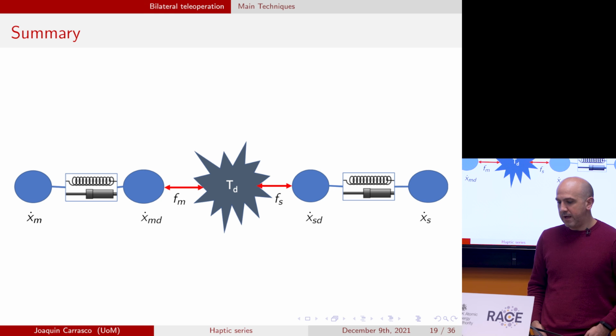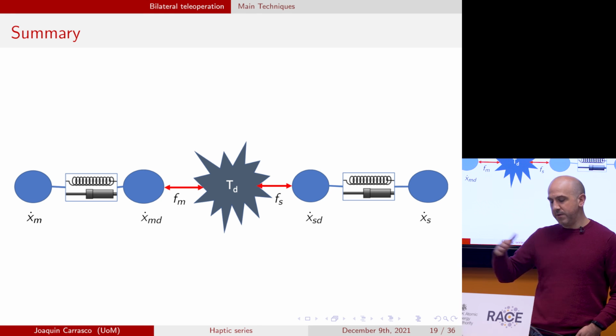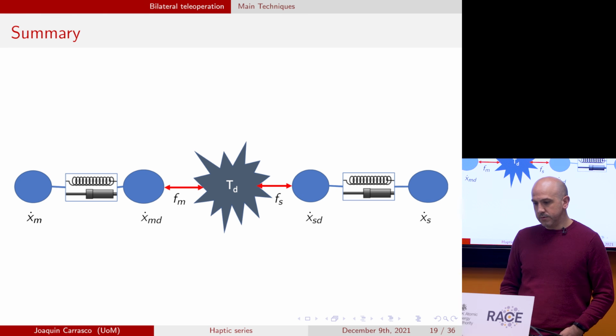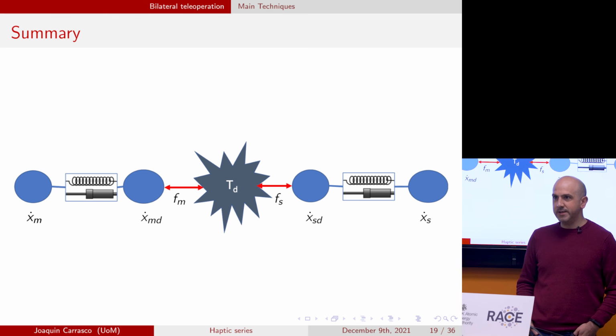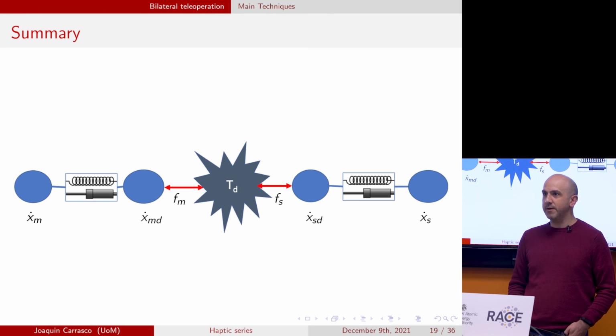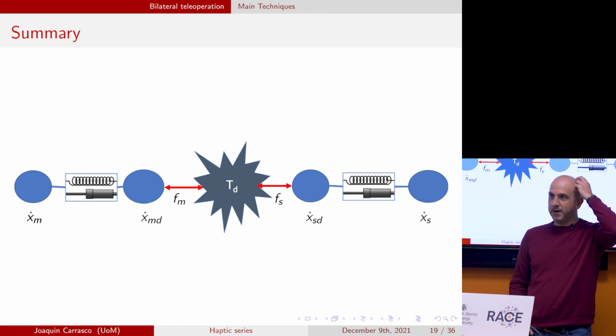So you have a finite amount of power, so once you switch off your controller, everything should go slowly to zero. I think I am going to leave it here. Any questions about this last part?